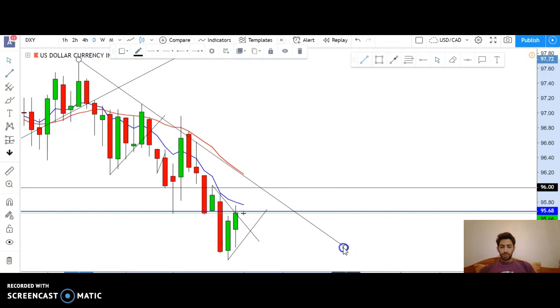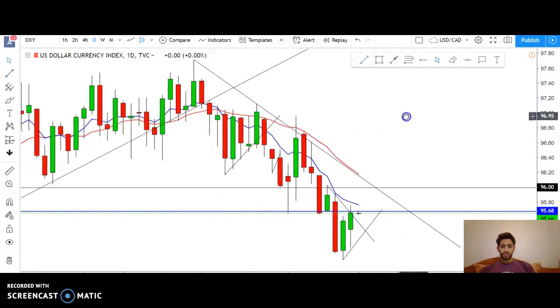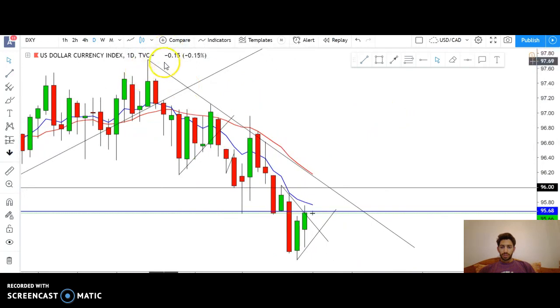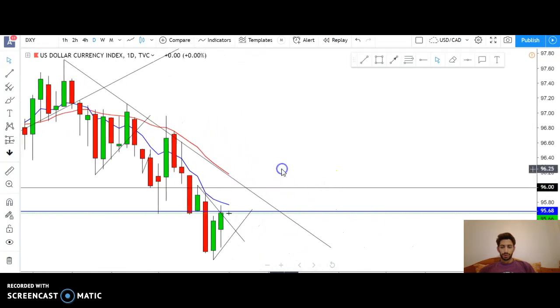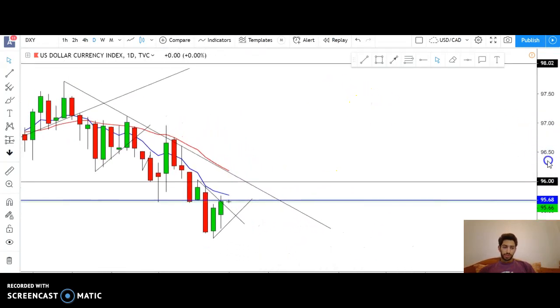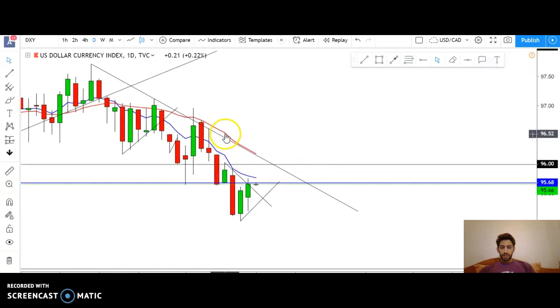We definitely want to join it to the wick. So here's this downtrend line. Lower high, lower low, lower high, lower low, lower high, lower low, and it's about to make a new lower high before it makes another new lower low. Well, this is what I'm predicting.